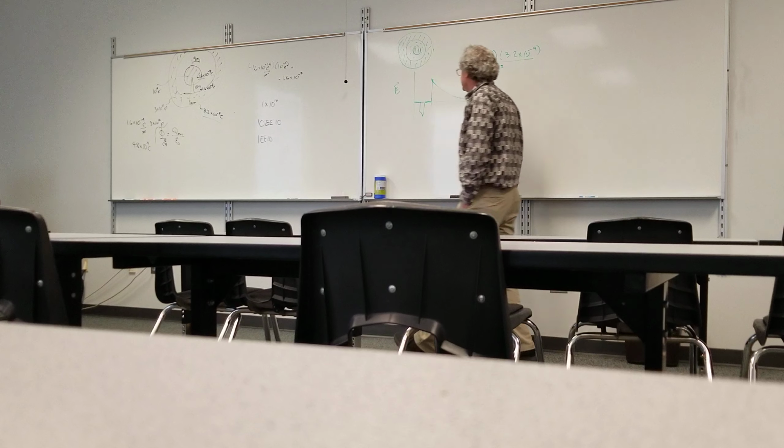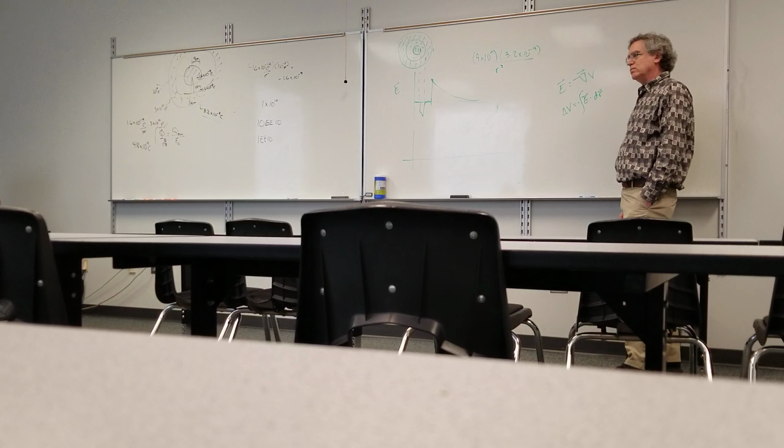No, you would have to do the integral of the electric field graph. Okay. Can you just look at the electric field graph and figure that out based on the way it looks? Yeah, you can do that too.